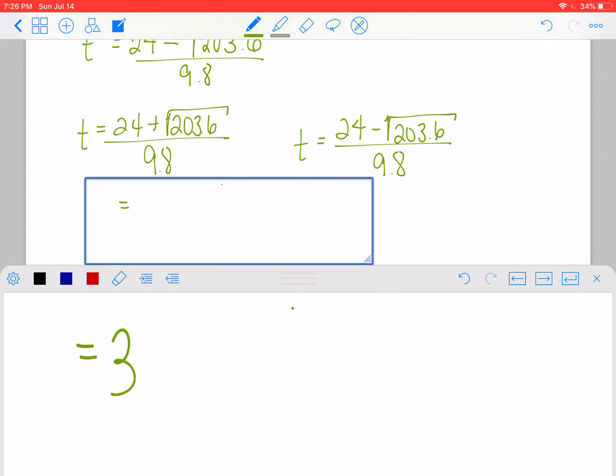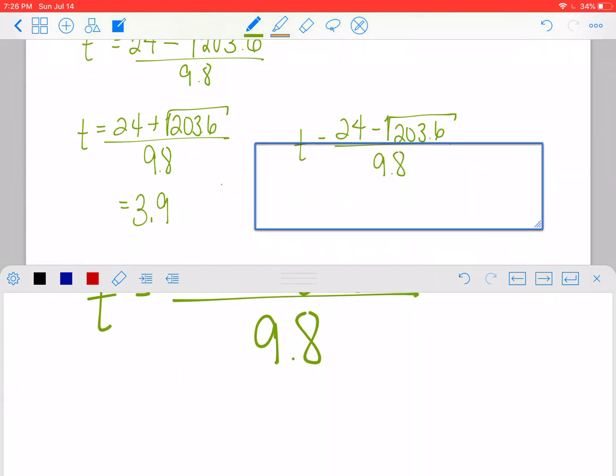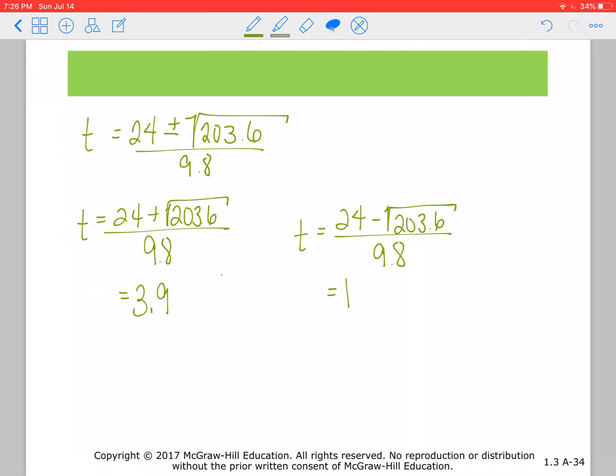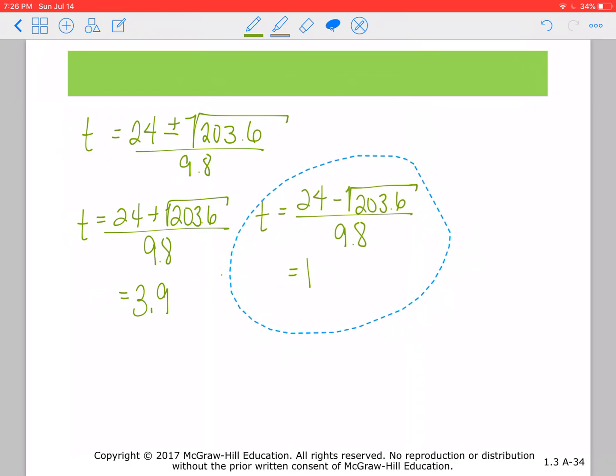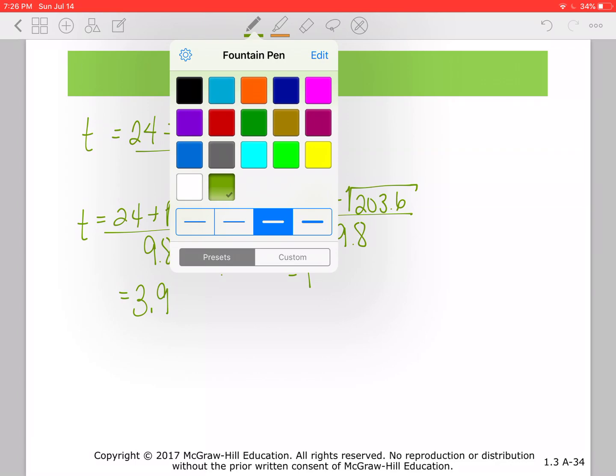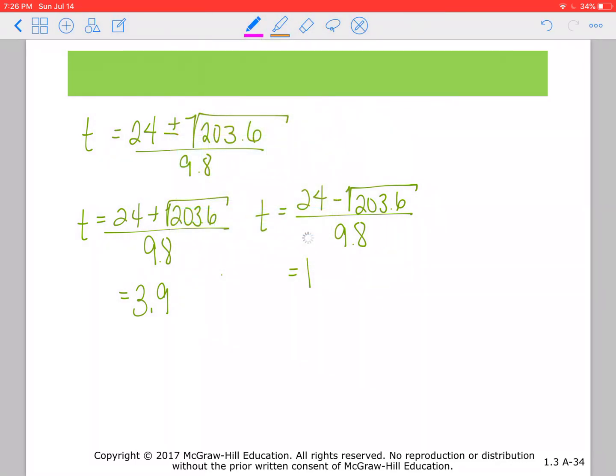This first one gives us 3.9, and the second one gives us just 1. Now, which one or are both of these solutions true? Well, if we think about it, this rocket is going up, and then it's coming back down.